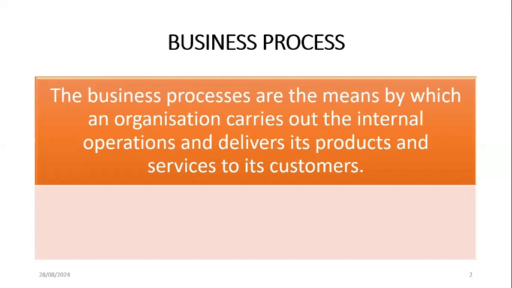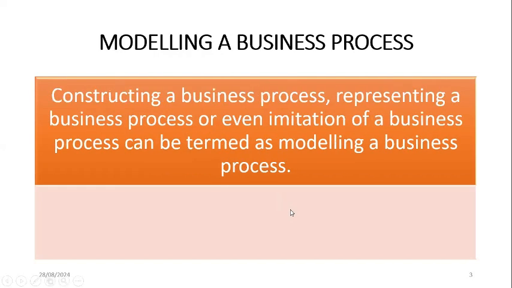So the question is, how is a product delivered to a customer, or how is a service delivered to a customer? If we have a very good understanding of how this comes about, then what we have just understood is what is called a business process.